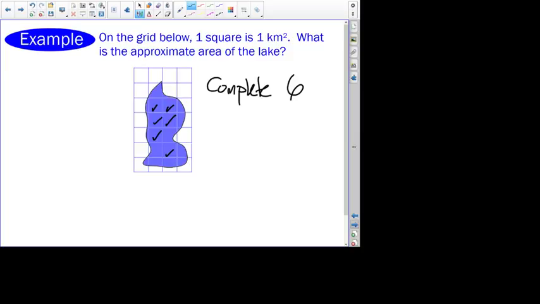Then we have to figure out what we have to do to make wholes. Well, if I took something like this one here and added it to this one here, that would make a partial. That's 1 partial. So I'm just going to put 1 over here. If I added, say, this one here with this one up here, that'd be another partial. I'm just going to put a 1 beside it, like again, ticking, I'm counting.